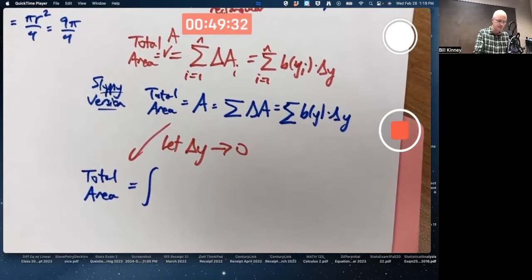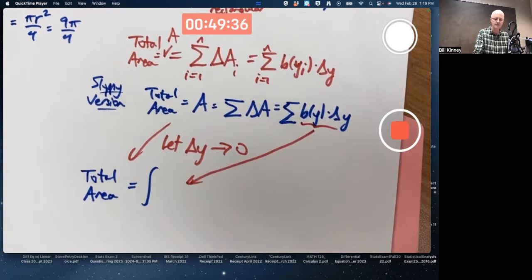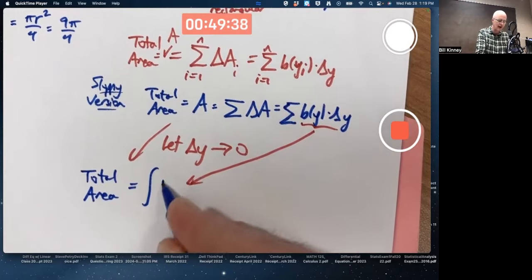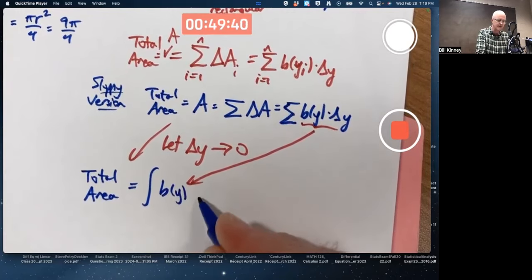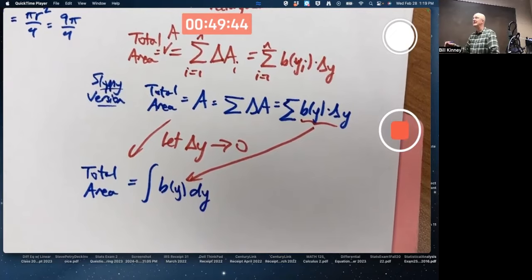Of what function? Of b of y. So the b of y stays there, and it's kind of like the delta y morphs into a dy. Is it a literal morphing? Is it magic? No. Just feels like it. It's really nothing magical. It's really kind of boring.